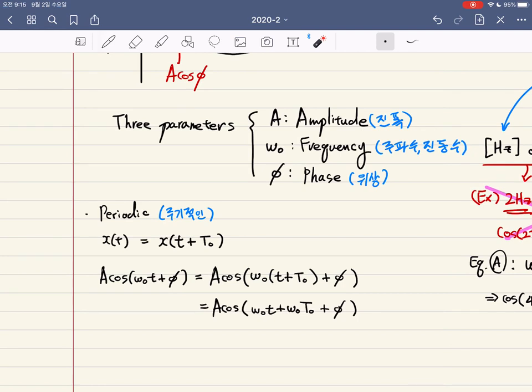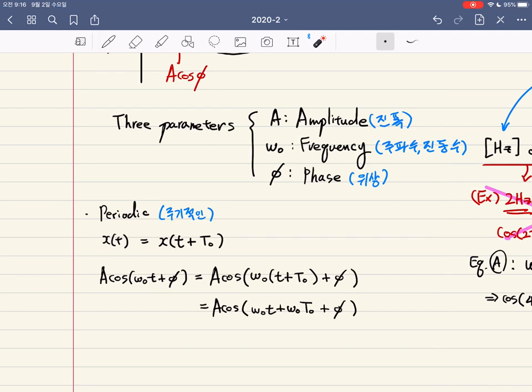With 2 pi or 4 pi or 6 pi, that is, pi times 2 in the negative part, minus 2 times an integer, you can get the same function.